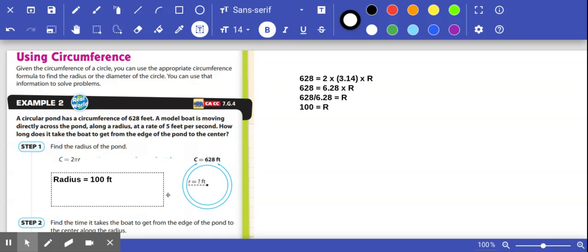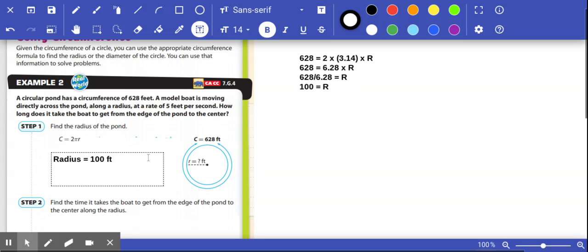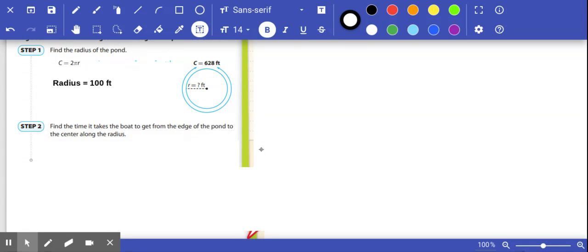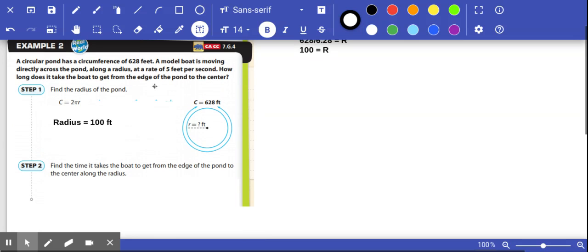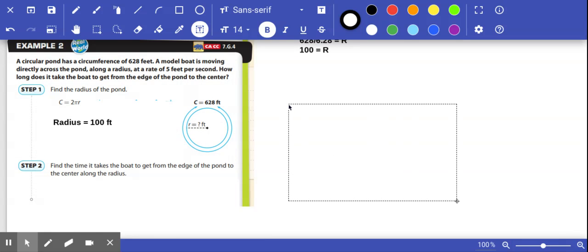All right, so now that we know what the radius is, we still have to answer the real question: how long does it take the boat to get from the edge of the pond to the center? When we're talking about how long it takes, we have to look at the problem for speed. Speed, which you might say in your head as miles per hour, is equal to distance divided by time.